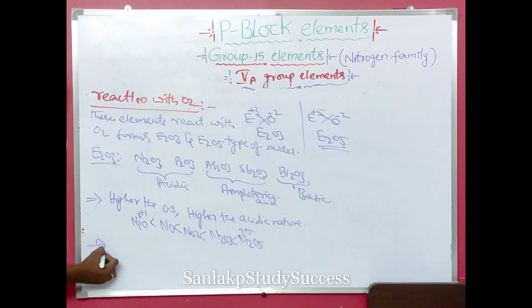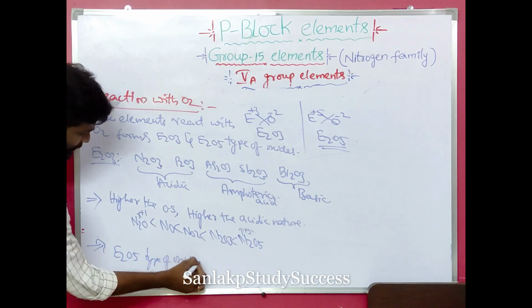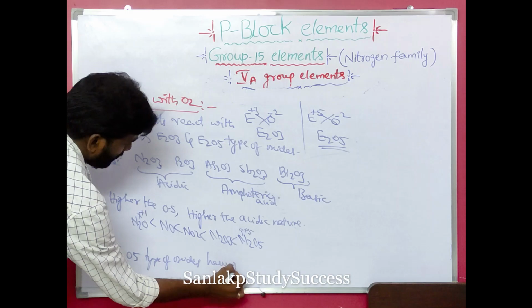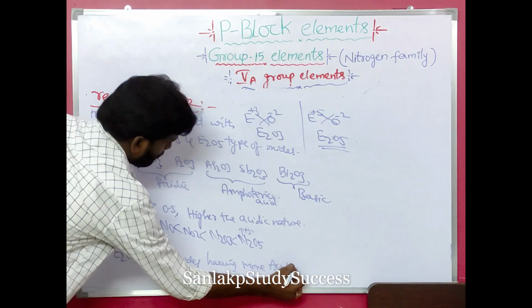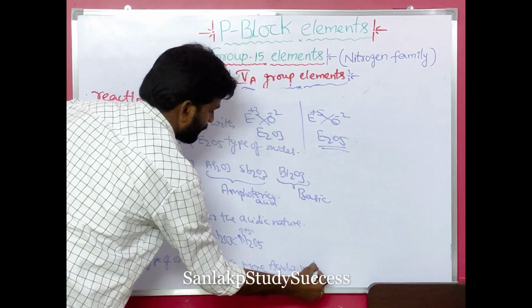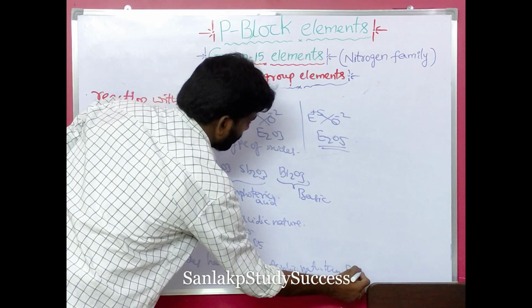E2O5 type of oxides have more acidic nature than E2O3 type of oxides.